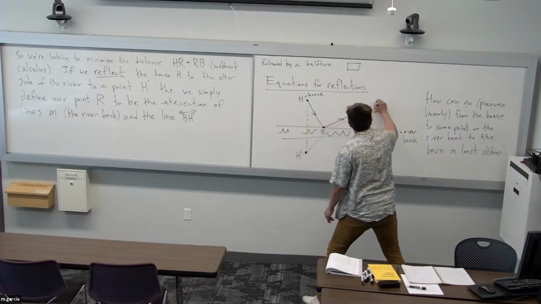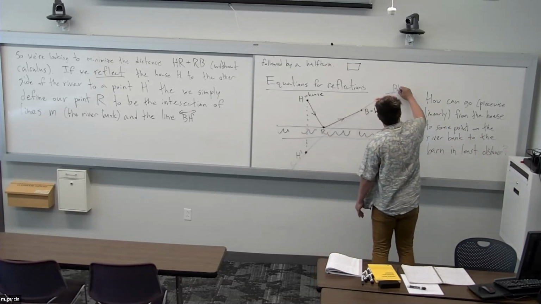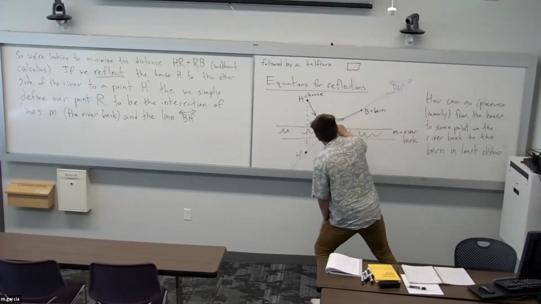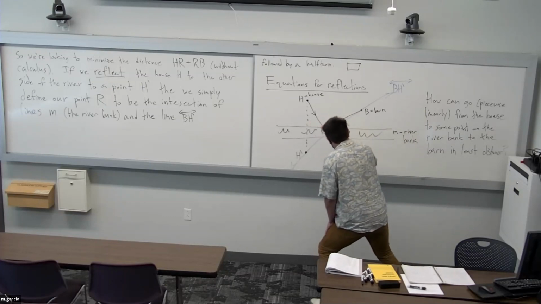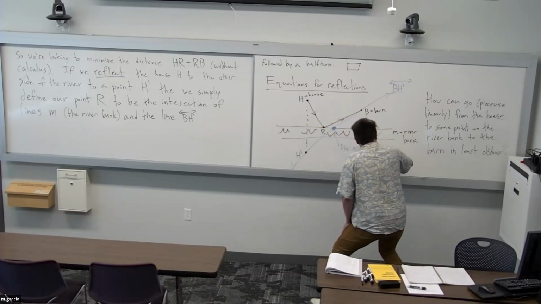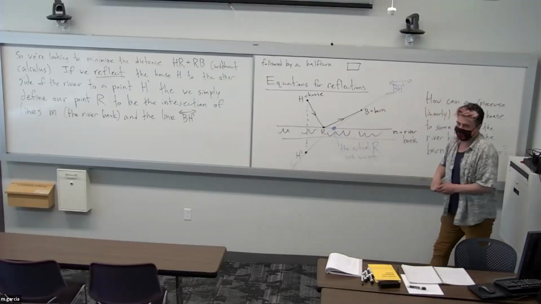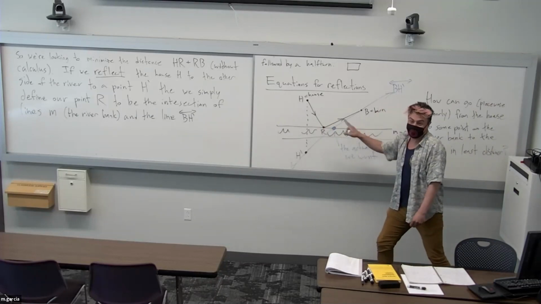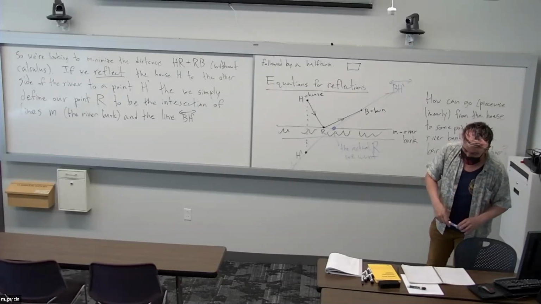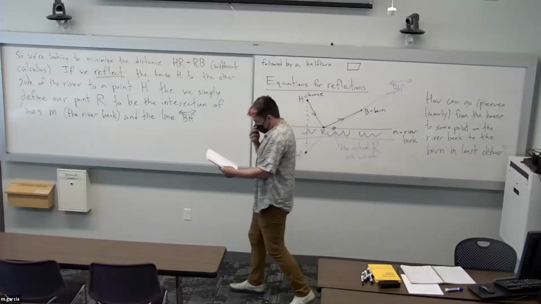We draw our line B, H prime, and we find that this point is the actual R we want. Okay? This first R was just a schematic. And my drawing is not great either, but you know. Makes sense. Yeah, okay. So, a straight line is the shortest distance.